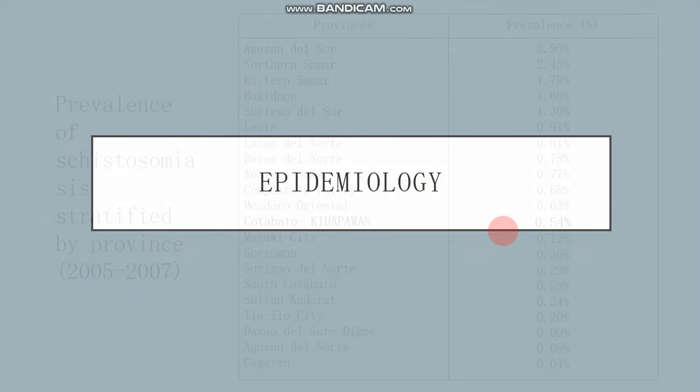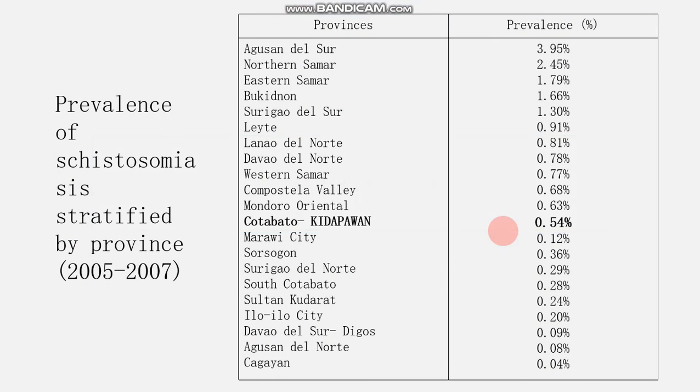Epidemiology. The prevalence of schistosomiasis stratified by province in 2005 to 2007. As you can see, there are different provinces. I will just discuss the highest prevalence, the lowest prevalence, and the prevalence here in our place, which is Cotabato, specifically Kidapawan.